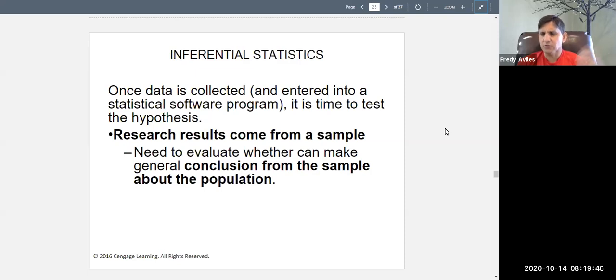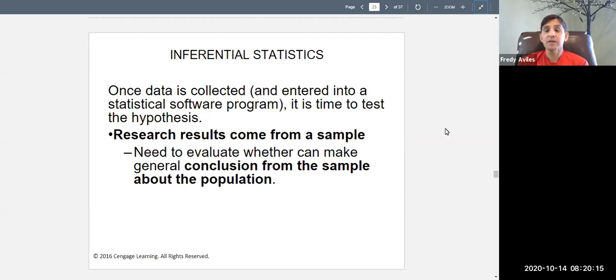I should have told you guys, I told you about testing an effect, finding some difference. The way we do that is with a hypothesis test, okay? So remember, the research results come from the sample, not from the population. A certain sample of people participate in your survey, in your experiment, whatever it is. The results come from the sample. So you need to evaluate whether you can make a general conclusion from the sample about the population.